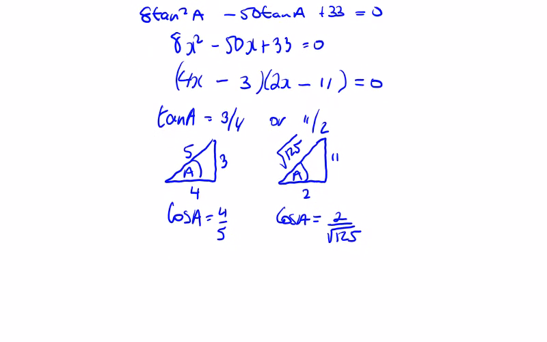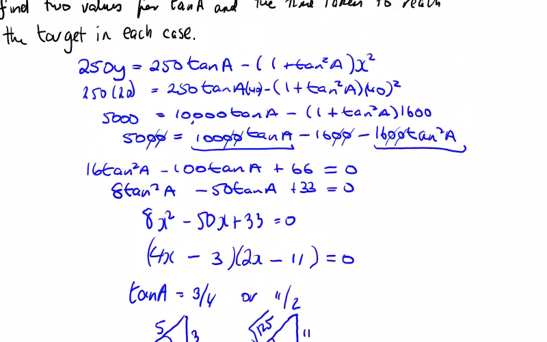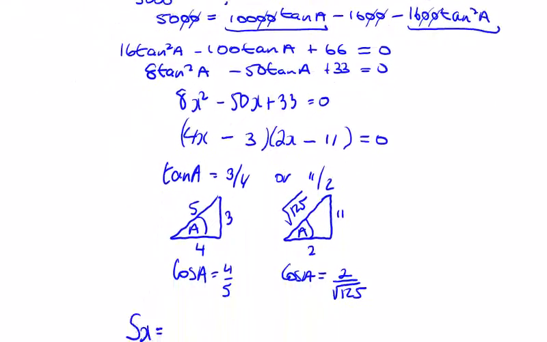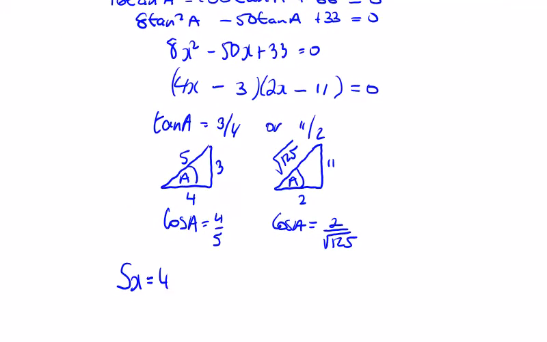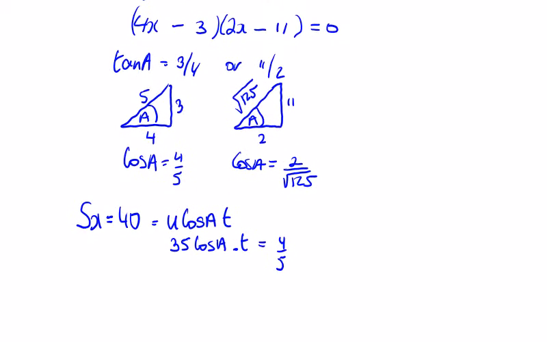So in both of these cases, the displacement in x was 40. Was it 40? 40. Displacement in x is 40, and that's equal to u cos alpha times t. So we have 35 by 4 over 5 times t equals 40.